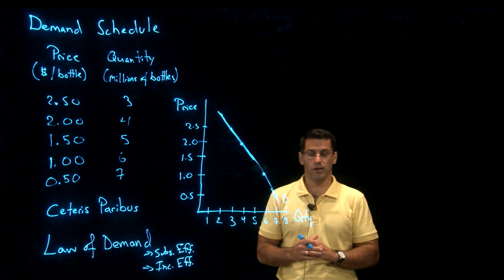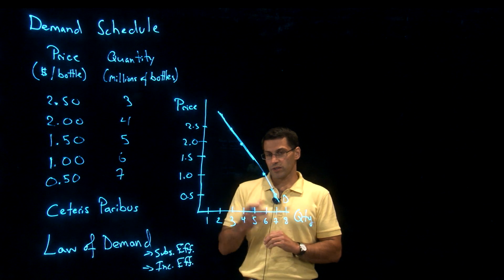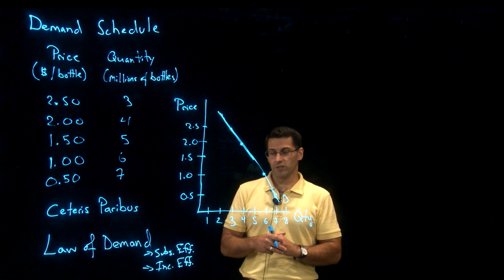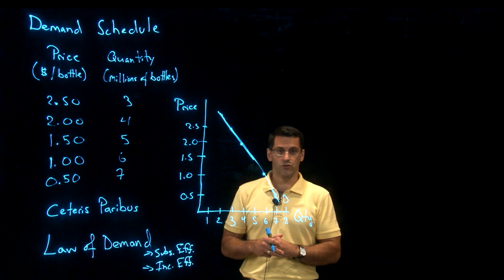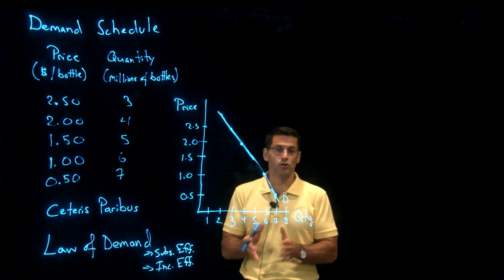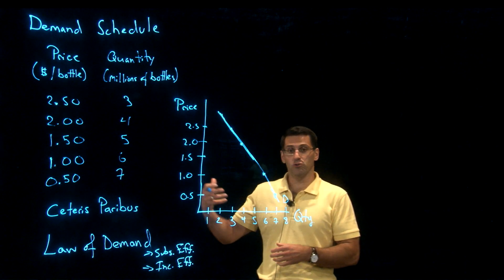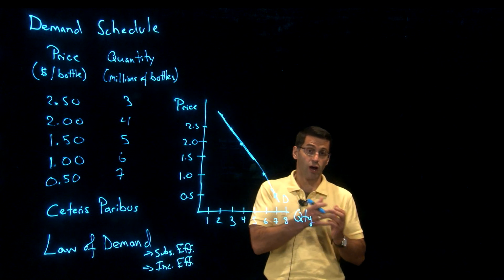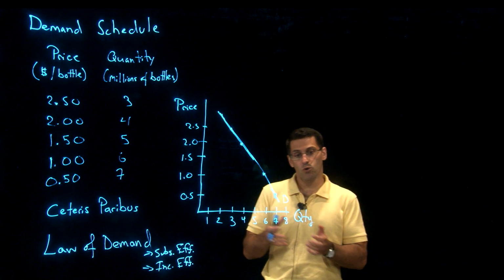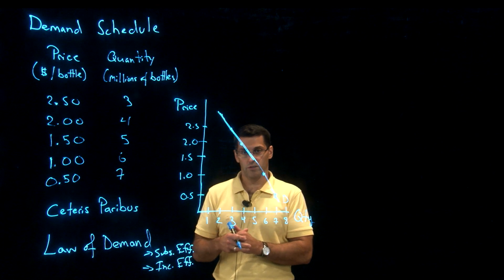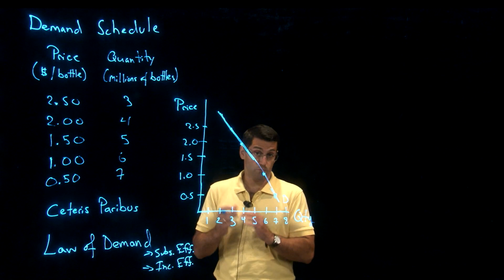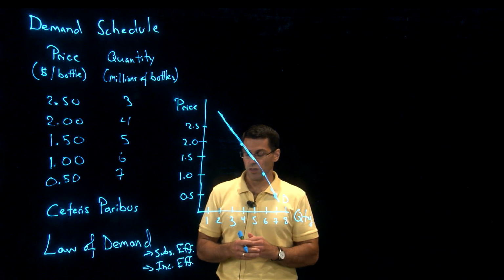So we're going to talk about that in a little bit. But as the price of water comes down, it makes it cheaper compared to other goods, so consumers may substitute towards water. Right? Likewise, if the price of bottled water goes up, consumers will substitute away from water towards other products, right? Coffee, soda, beer, whatever the case may be.